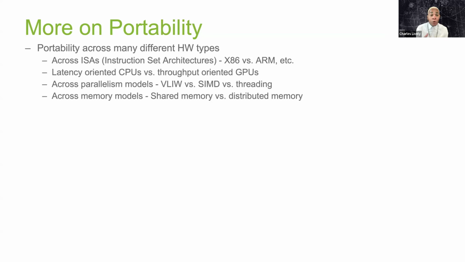What type of parallel models are you going to be using as well? Threading, SIMD, or very large integration. It can vary, as well as shared memory versus distributed memory. Those are all different factors that can affect the portability and performance of applications across different systems.